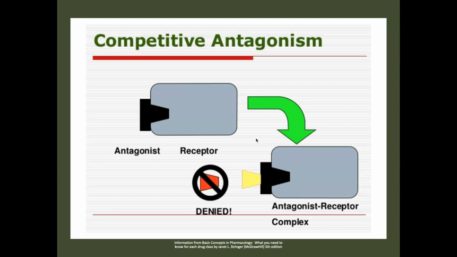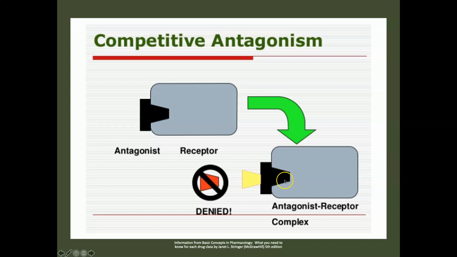A visual for these. Let's look at this for competitive antagonists. You have an antagonist, that's this black piece here, and then you have the receptor, which is gray. So when you have a competitive antagonist, and then you have your little agonist come along, it can't get in there because the black antagonist is there first.